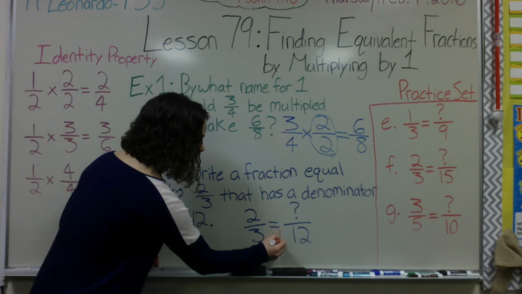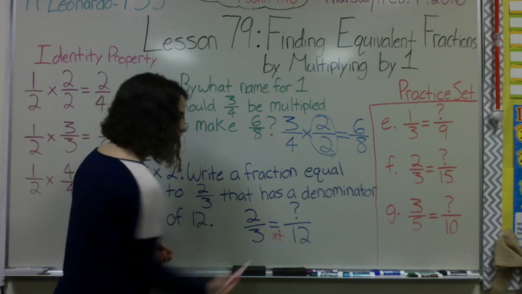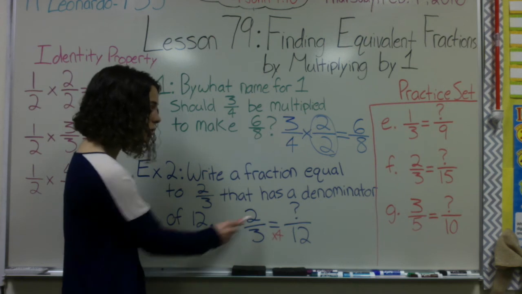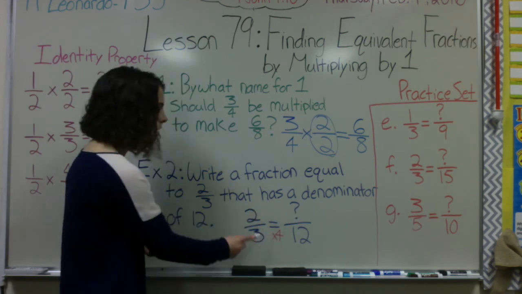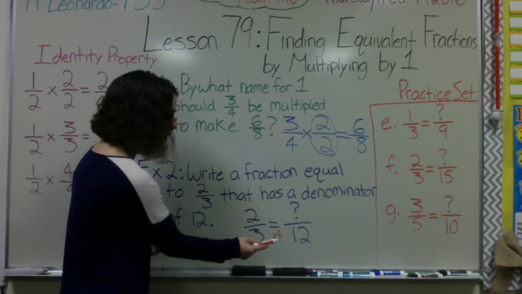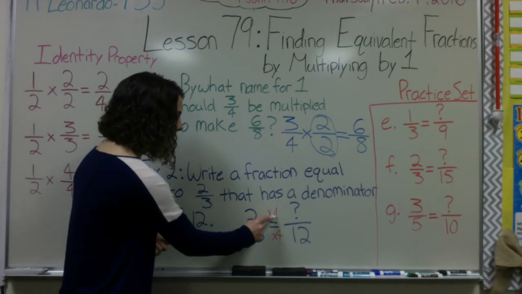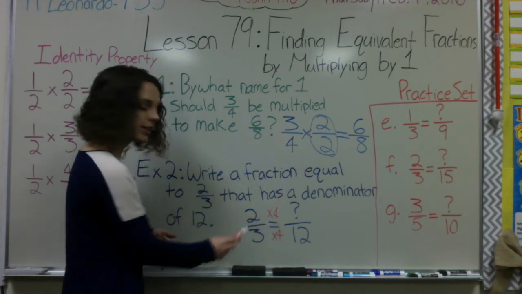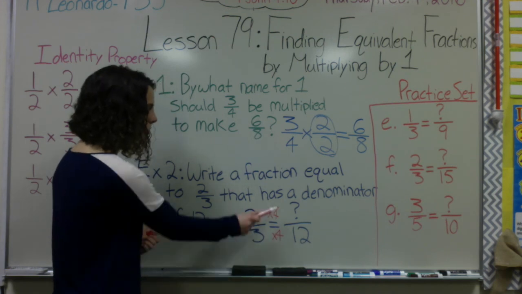So I'm just going to pencil this in here, just making note. If I multiply my denominator by 4, multiplying 3 times 4 to equal 12, I definitely have to multiply my numerator times 4. Otherwise, the fraction would not be equal. These fractions have to be equal, so whatever I multiply on the bottom, I have to multiply on the top.